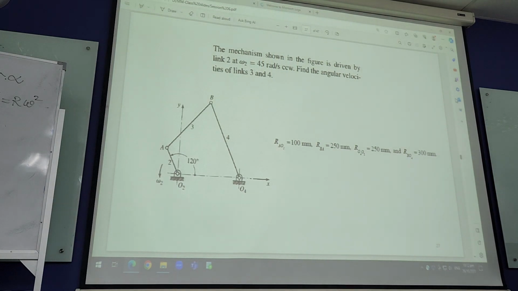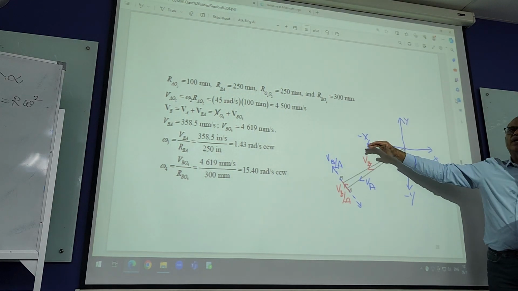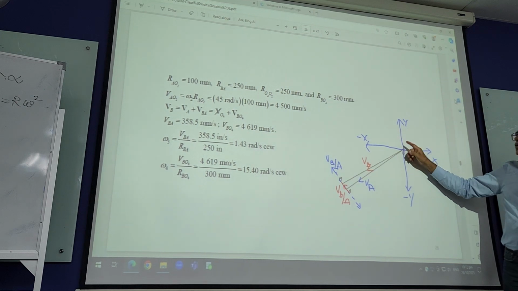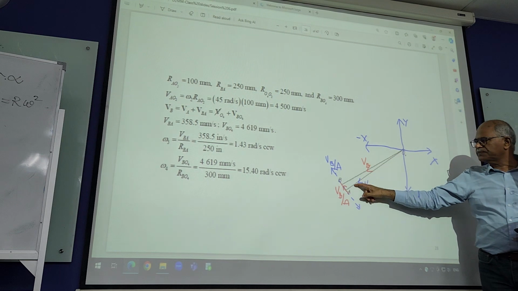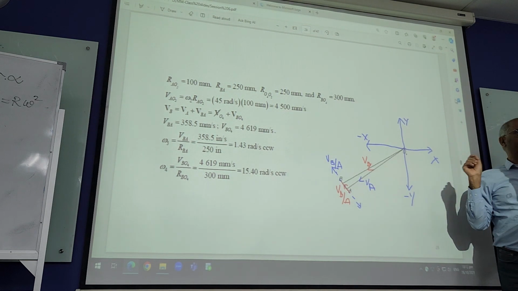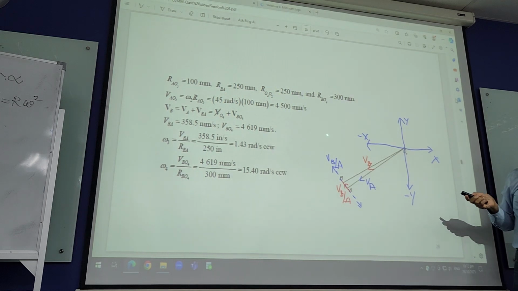So the direction of velocity A will be 210. Now you choose a local coordinate axis like this for drawing the velocity diagram. You draw velocity A as this vector at 210 degrees, with the magnitude, let us say, 4,500.